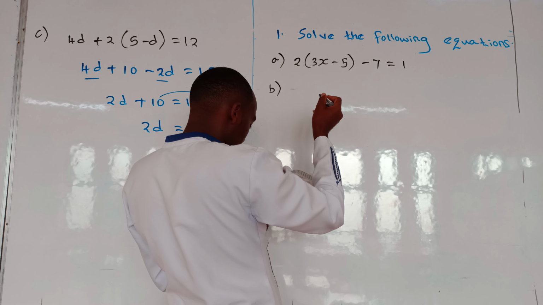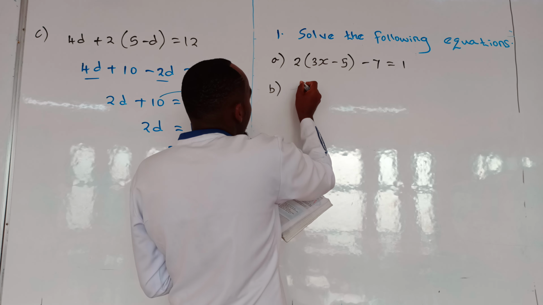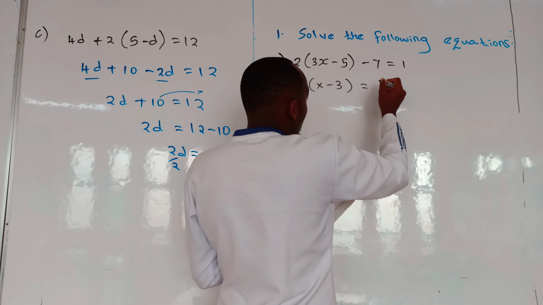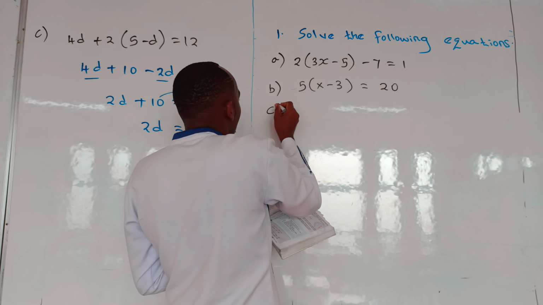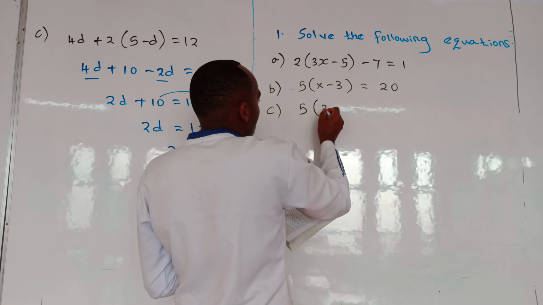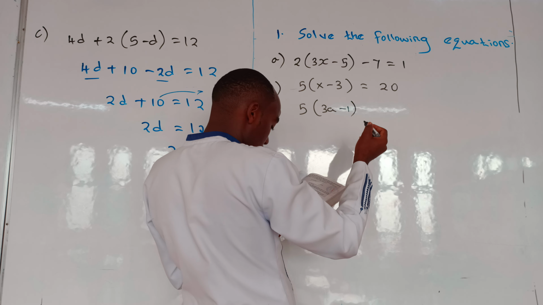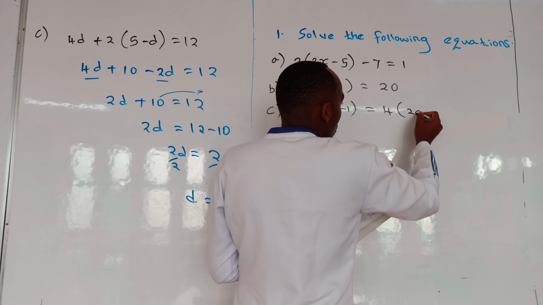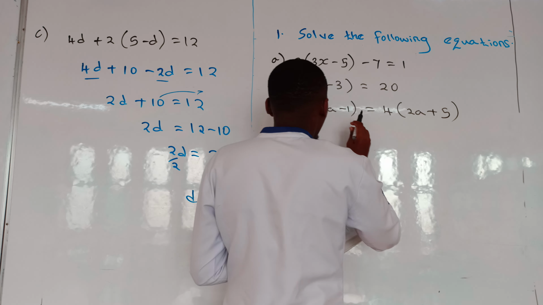The second one, we have 5 into x minus 3 is equals to 20. And the third one, we have 5 into 3a minus 1 is equals to 4 into 2a plus 5.